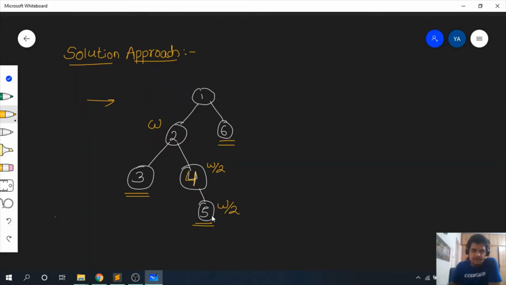to 5. So what we can do is, for all the nodes which have just one child, we can merge that child into the node itself, right? This will make our traversal a lot easier. So first thing, merge the child if the number of children is equal to 1.